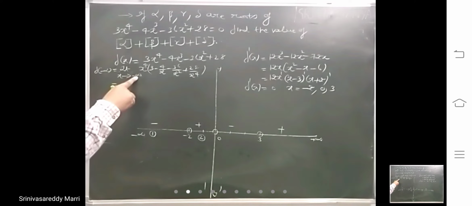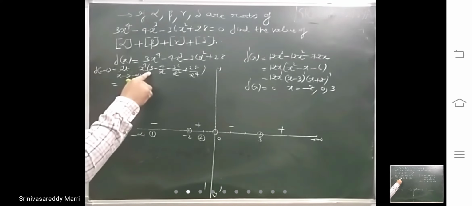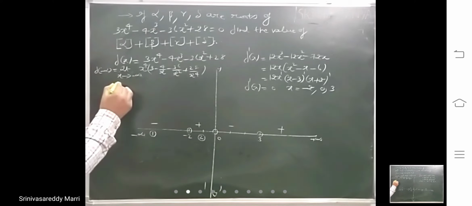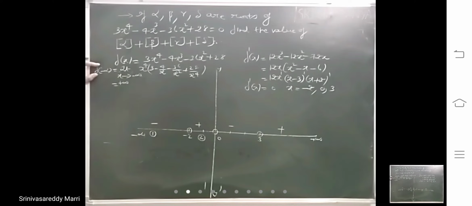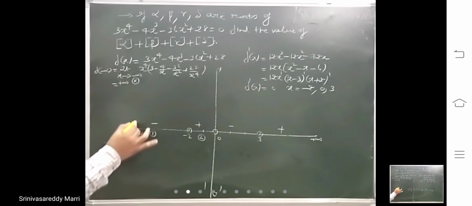If you substitute minus infinity, these terms become 0, leaving 3 into plus infinity. That means f of minus infinity is plus infinity. So at minus infinity the graph will be somewhere above, at the maximum, like this.